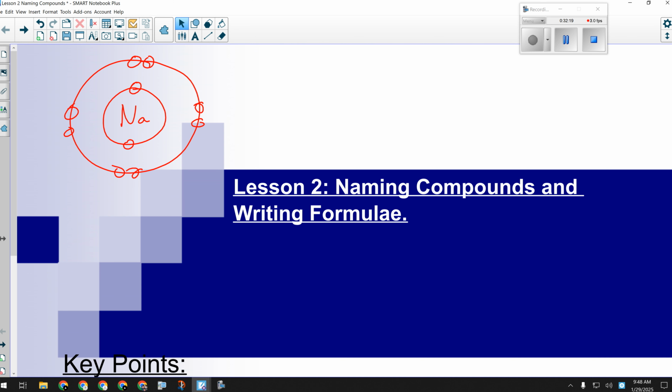They generally do this because of repulsion. Now, that's only 10 electrons. Sodium has 11. So that means it's got one more ring. This ring can hold 8, but it only has 1 in it. All elements want their outer layer of electrons to be full.